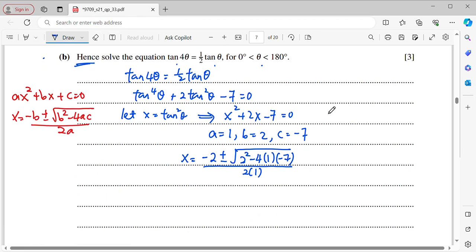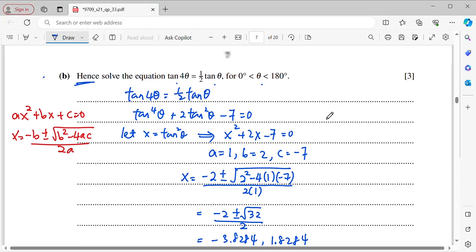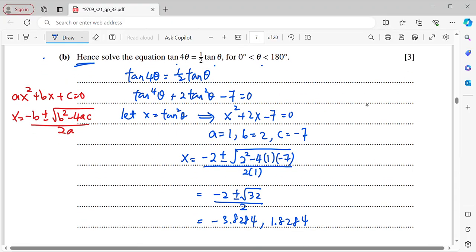Okay, then from here, you will be getting minus 2 plus minus square root of 32 over 2. And you will be getting two values. The first is negative 3.8284 and the next one is 1.8284.